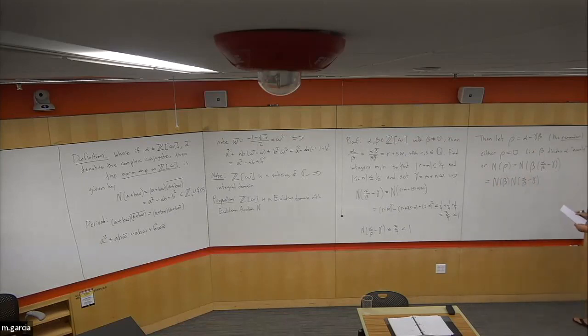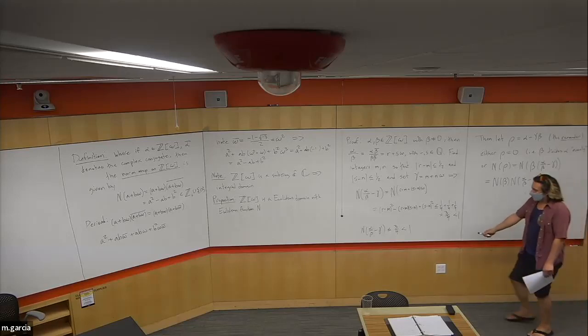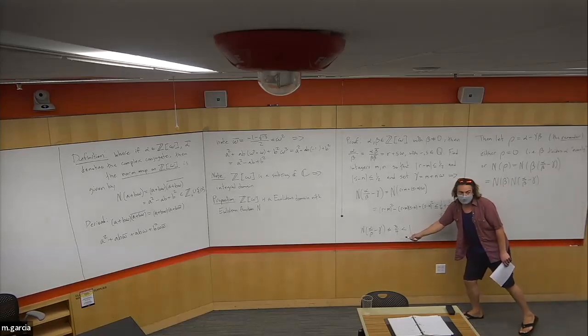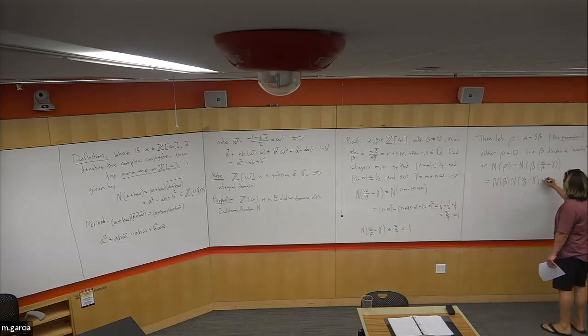Okay, so that is to say, what did we just say about the norm of alpha divided by beta minus gamma? It's bound above by 3/4, which is strictly less than the norm of beta.